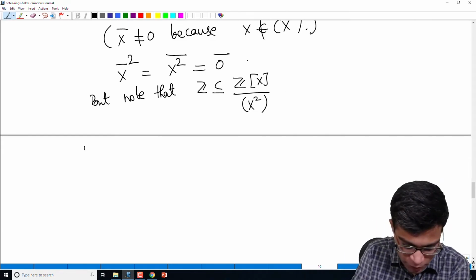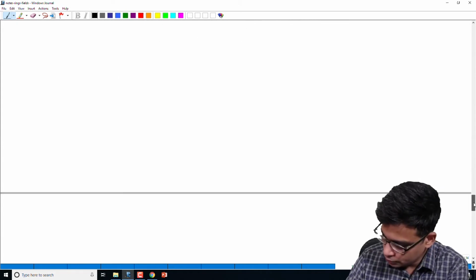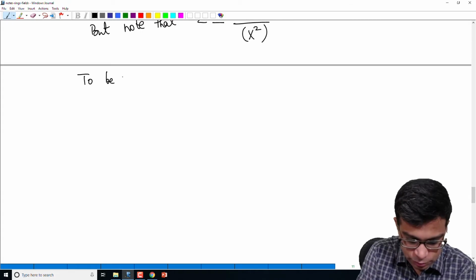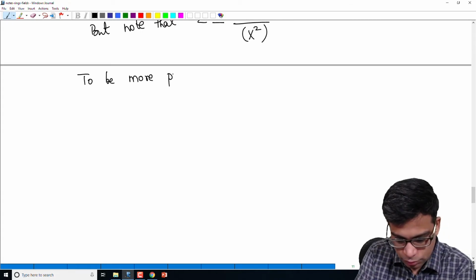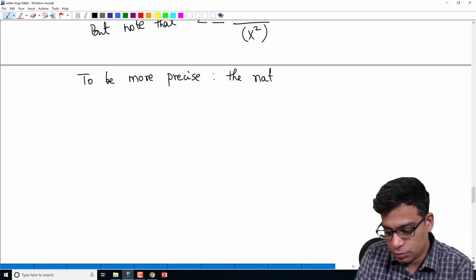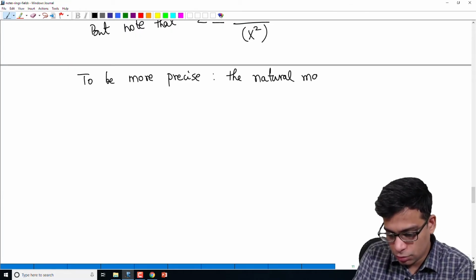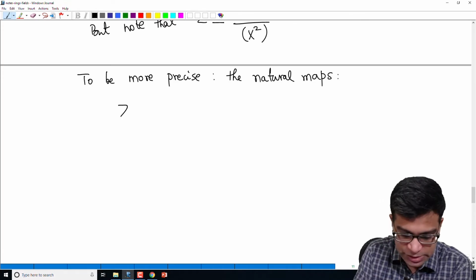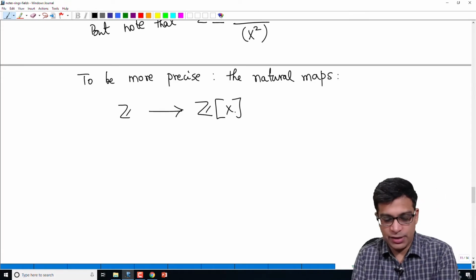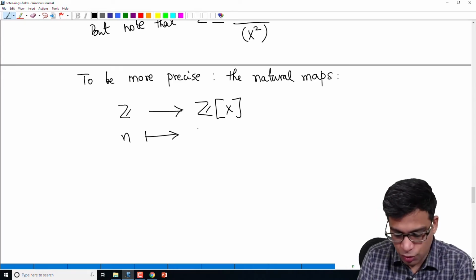To be more precise, what I am saying is, we have natural maps: Z to Z[x], which is simply the inclusion of Z, so an integer n goes to the integer n.